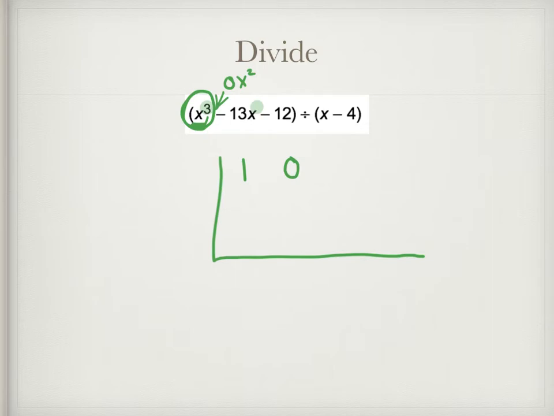What comes next? Negative 13. And then? Negative 12. What do we put on the outside? Awesome. A positive 4, because we have to change the sign.